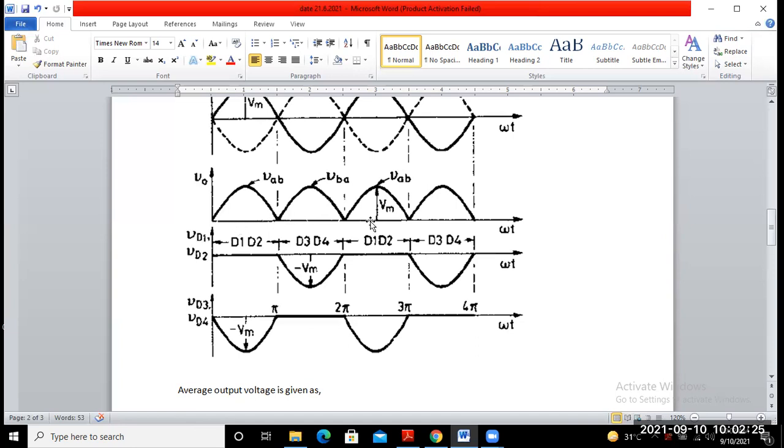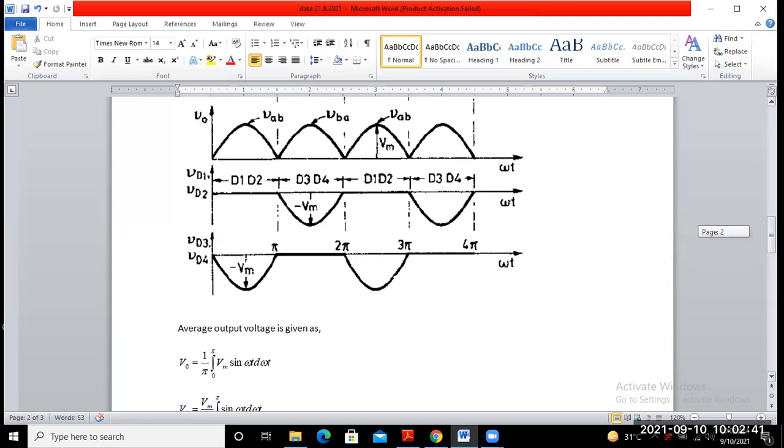So here, what is the time period for this waveform? You may repeat it from this point to this point, same. So you need to consider that pi is your time period. Just put in that standard formula: 1 by time period, integral 0 to time period of x(t) dt.